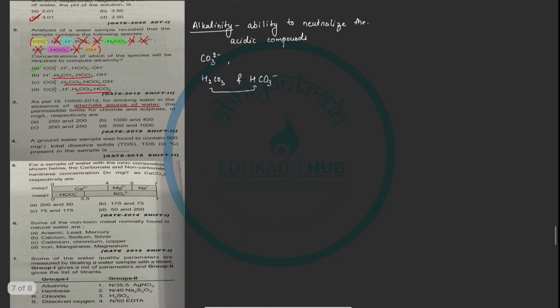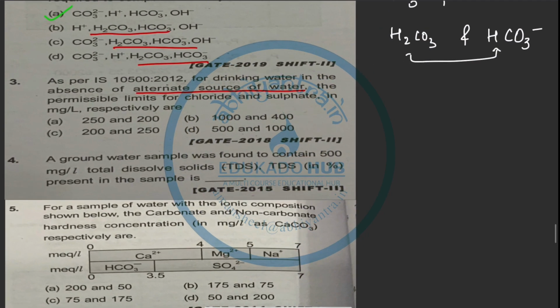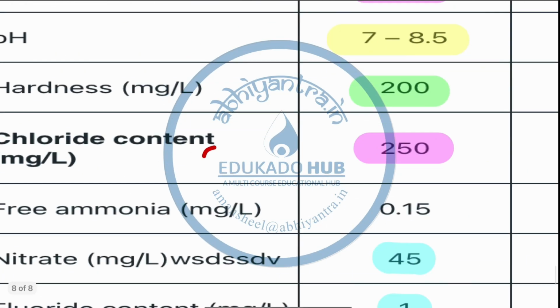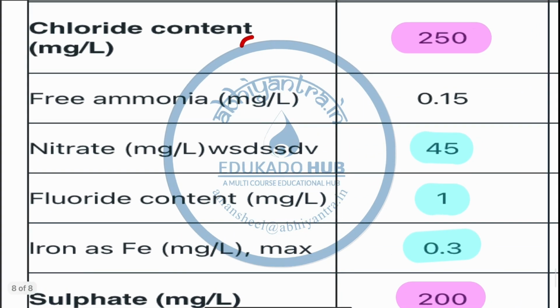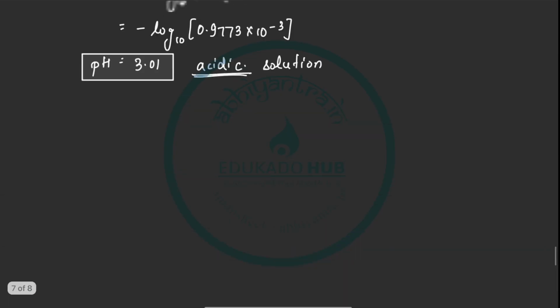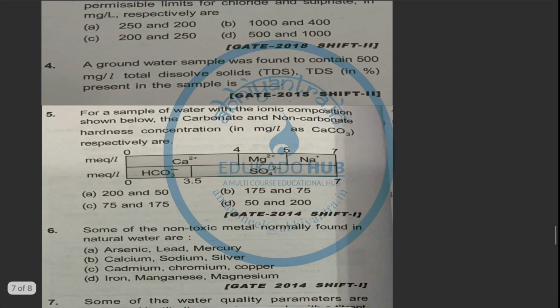So the options which are matching, it is alternate source. For chloride we have just now seen the permissible limit is 250 and the permissible limit of sulfate is 200. There are two types of options.